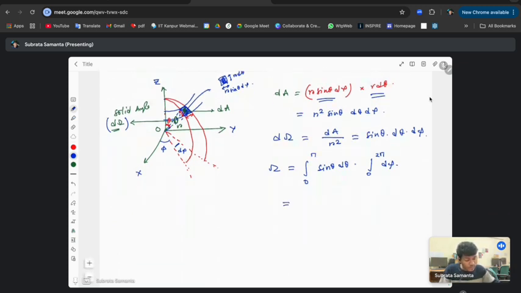So this gives you 2 times 2 pi, which gives 4 pi. Therefore the total solid angle is 4 pi, and for a small element area dA, the solid angle is sin theta d theta d phi, that is d omega.